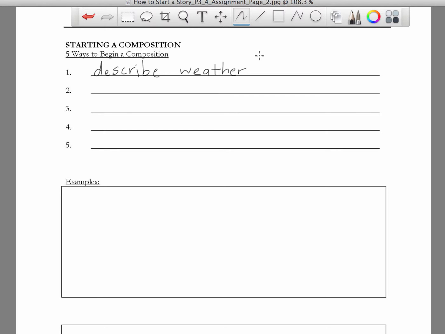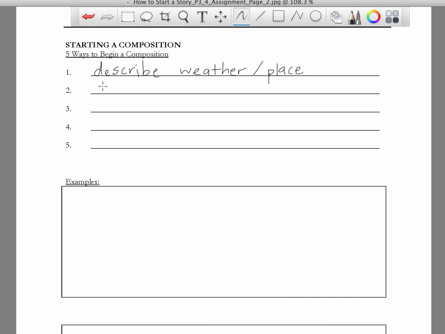If you download the answer key to this week's compo, I show you in my sample how to do it, by describing the weather and then linking it to the scene in the classroom. Another way to get around this is, instead of describing the weather, you can describe the place. You can describe the classroom.